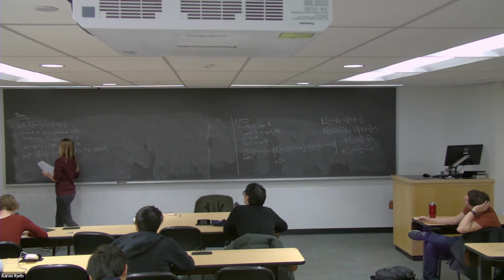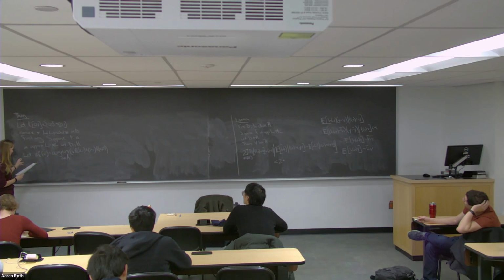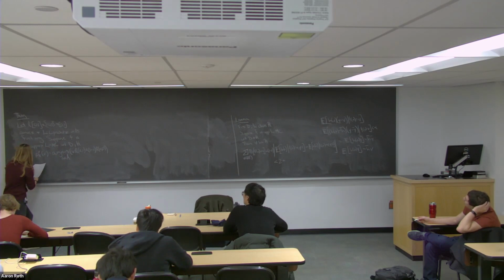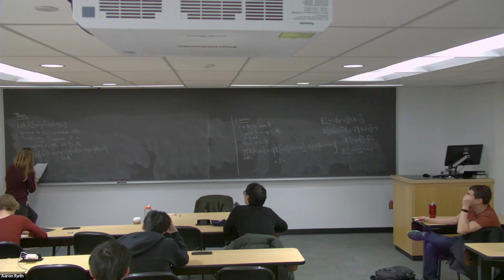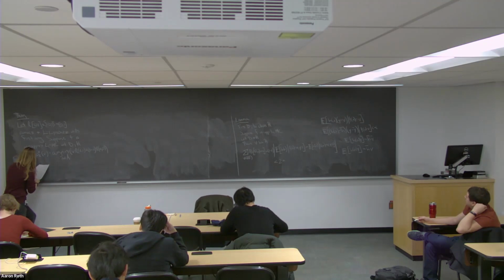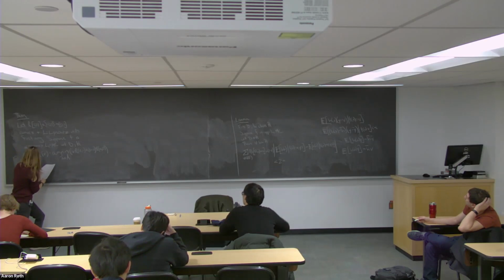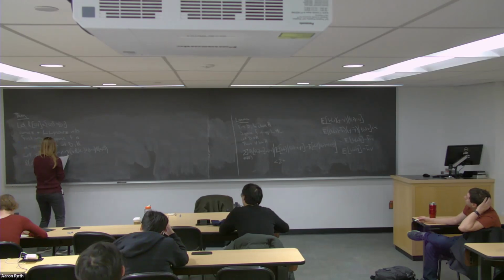Okay, so let's fix this policy rho star. Then the loss of rho star is going to be not much worse than the loss of any other function from this class H. And so notably, it can't be that much worse than the best possible function from our class.